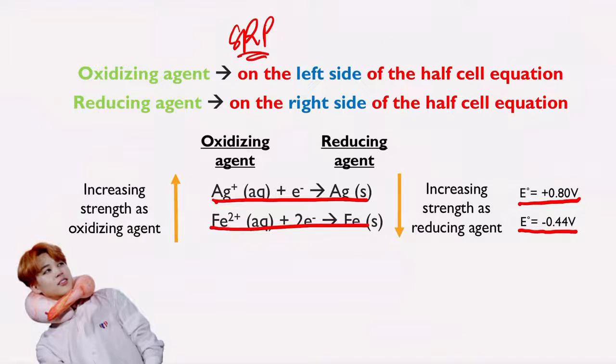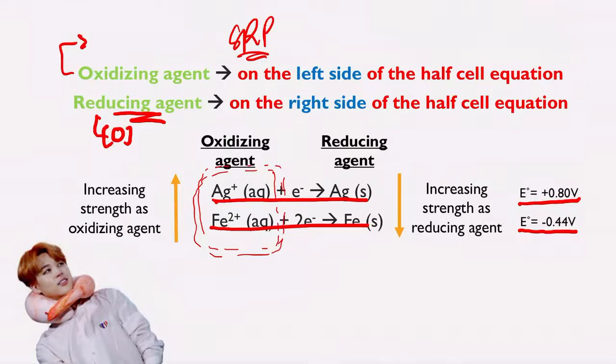Okay, so that means that your oxidizing agent is these two. Okay, so your reducing agent, the one undergoing oxidation. Okay, yang ni undergo reduction. So reducing agent will undergo oxidation. It will be on the right of your half cell equation dalam SRP table.